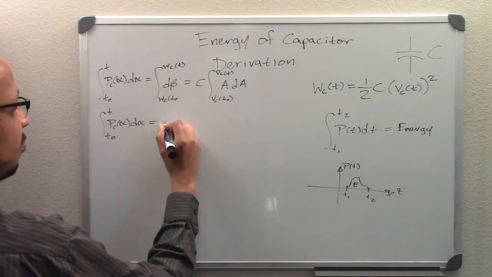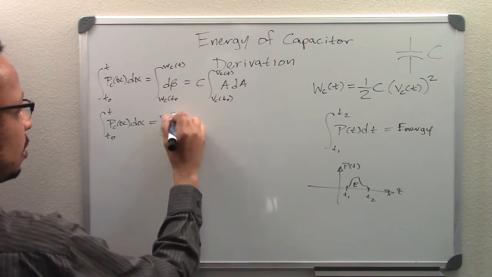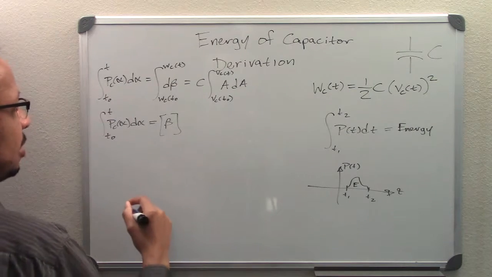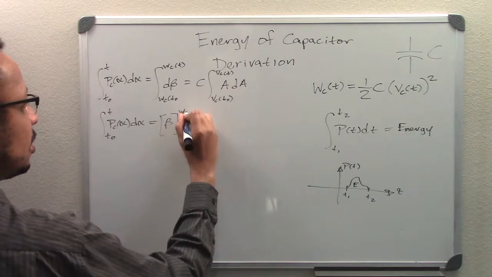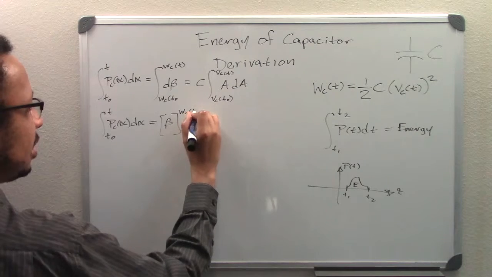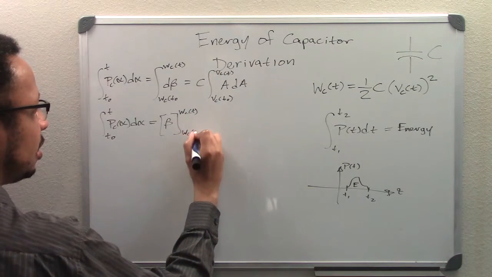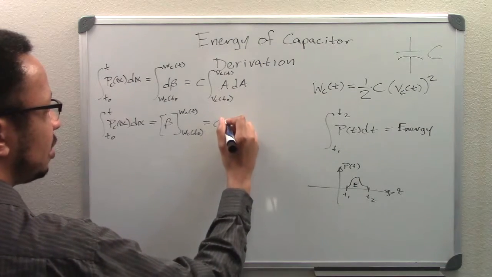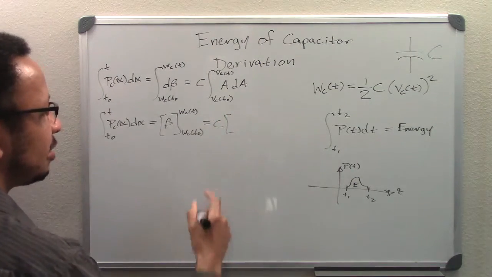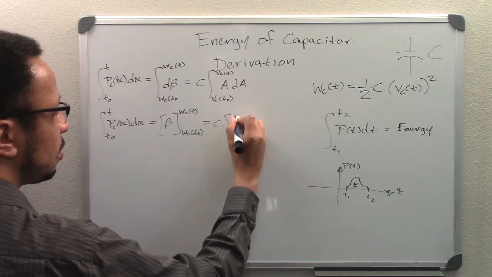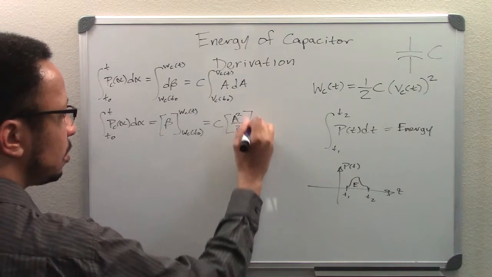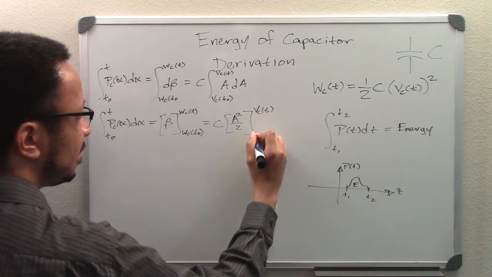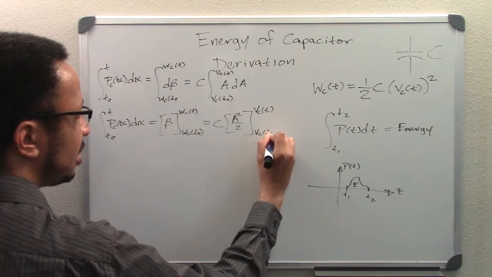And so now we have beta to the first power over 1, and that just gives us simply beta, between Wc of t sub 0 and Wc of t, and we have C over here being multiplied by A to the second power over 2, evaluated between the limits of Vc of t sub 0 and Vc of t.